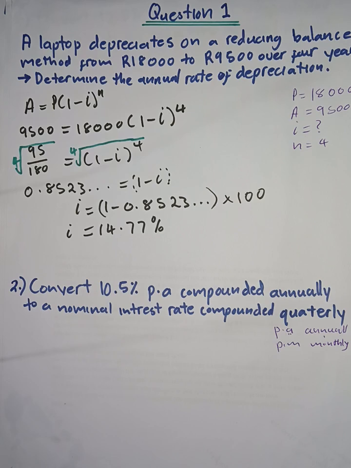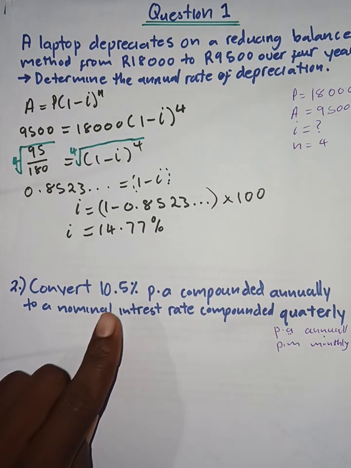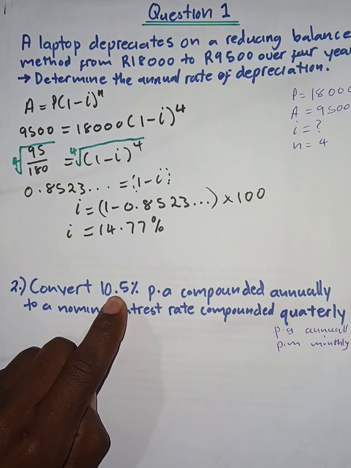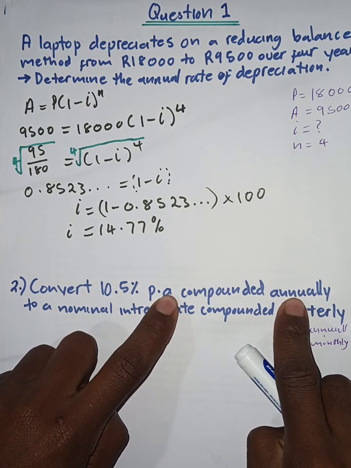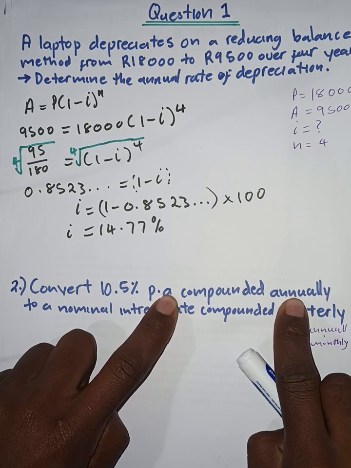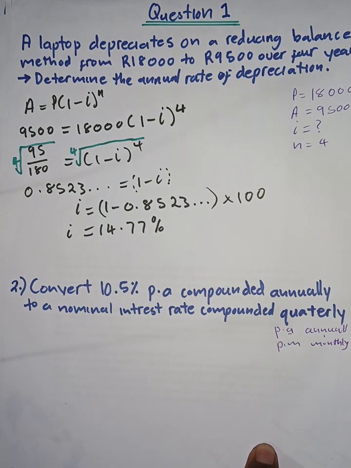So that's what we learned in grade 11. Now, if you read that, they say convert 10.5% per annum, which means per year, compounded annually. So the names match. So this is in fact an effective interest rate.